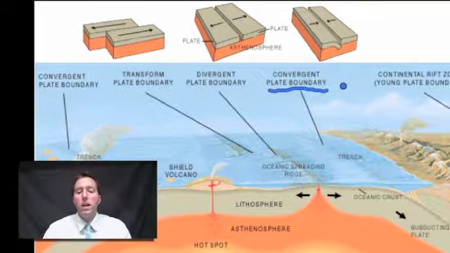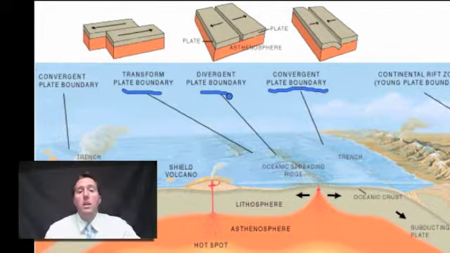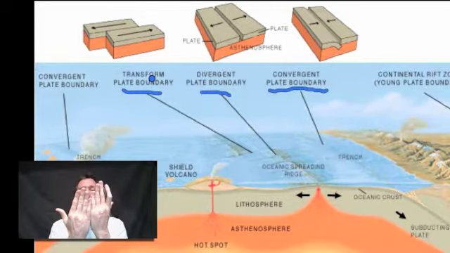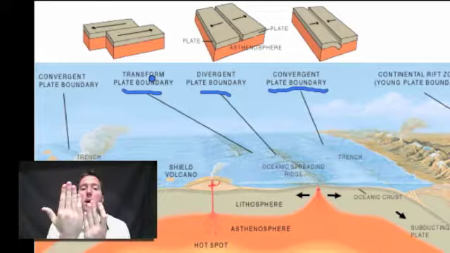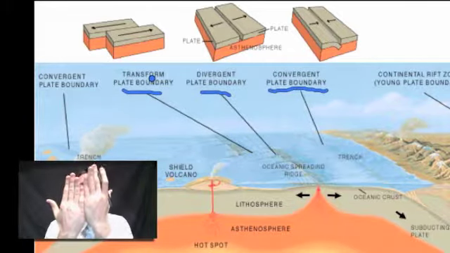And the last one over here is, of course, the transform plate boundary. So we have convergent moving together, divergent moving apart, and a transform plate boundary happens when two plates slide past one another. Sometimes they can get stuck.